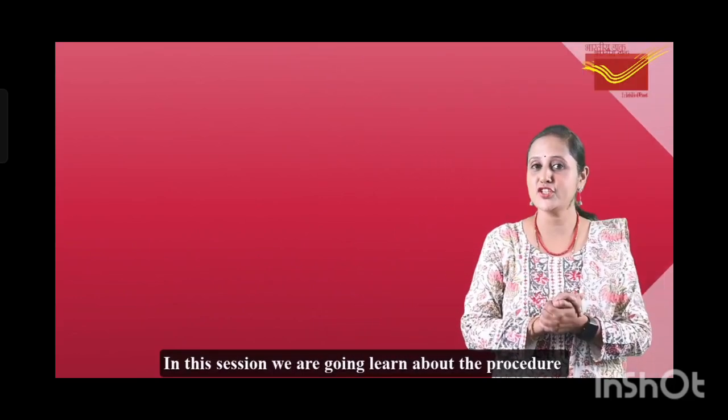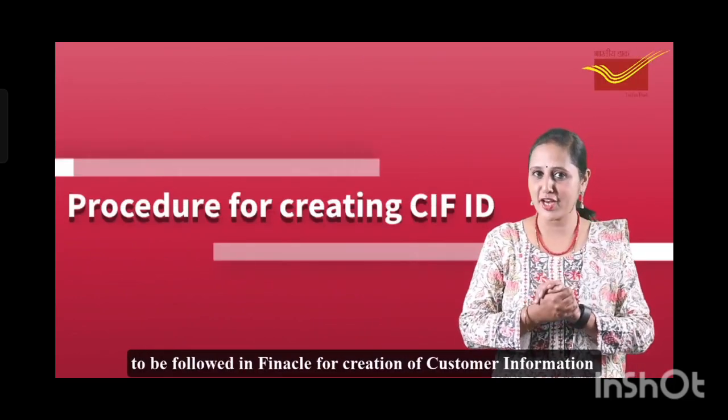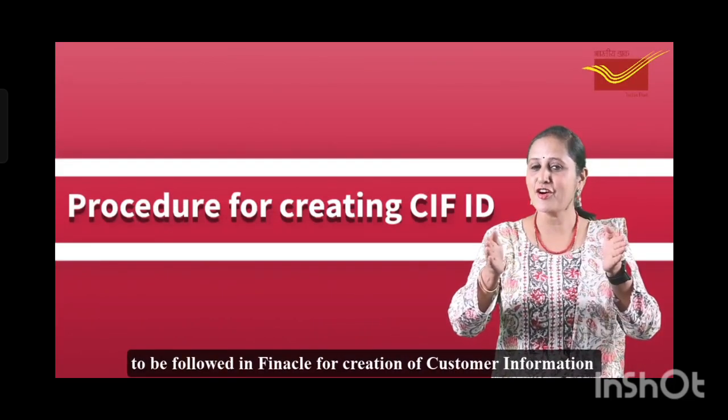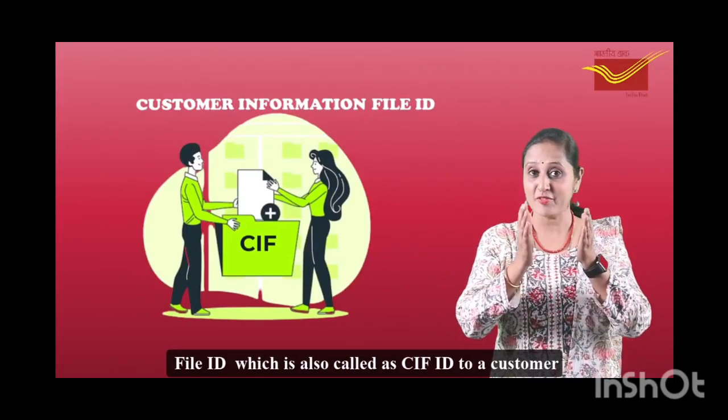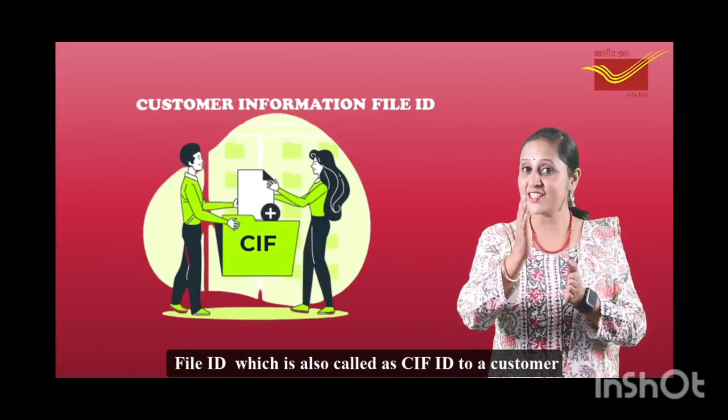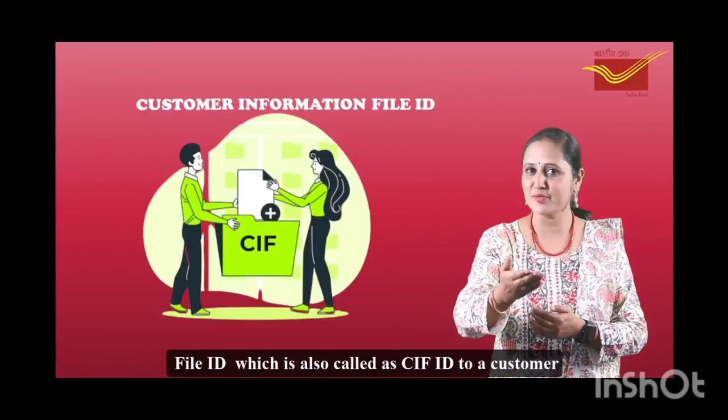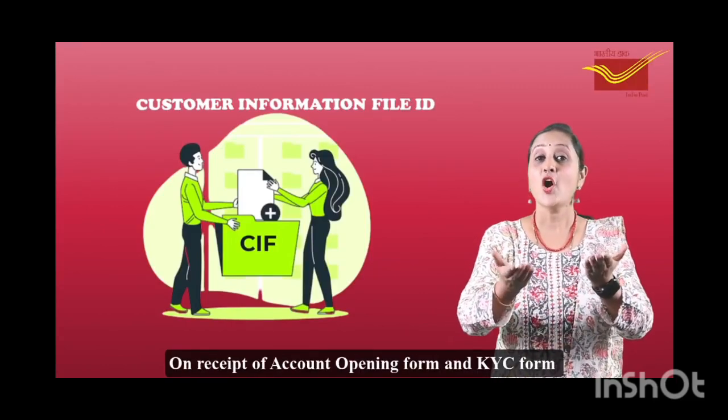We are going to learn about the procedure to be followed in Finacle for creation of Customer Information File ID, which is also called as CIF ID, to a customer.